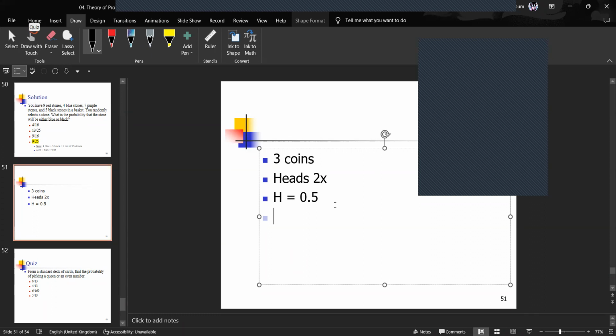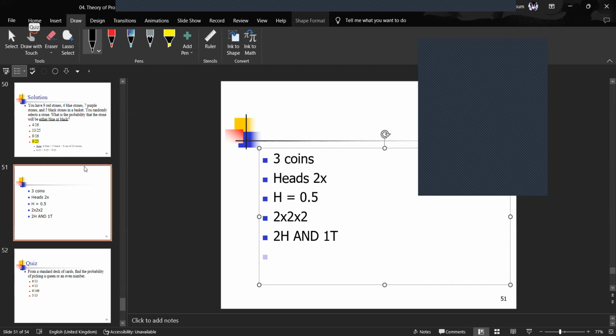So if you toss a coin 3 times, there are 8 possible outcomes. And that's 2 times 2 times 2. And so the probability that we get heads twice is, what we're looking at is that you want 2 heads and 1 tail.